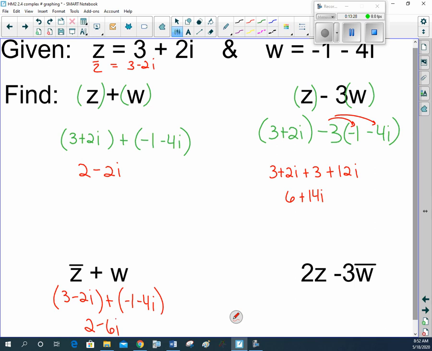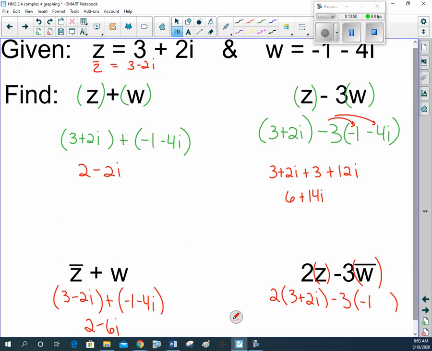So over here on the bottom right, remember I'm going to put grouping symbols when I substitute in for those complex numbers. So I'm going to go 2 times z, which is 3 plus 2i, minus 3. Now I'm going to put a grouping symbol, and I'm going to put my w in there, so a -1.